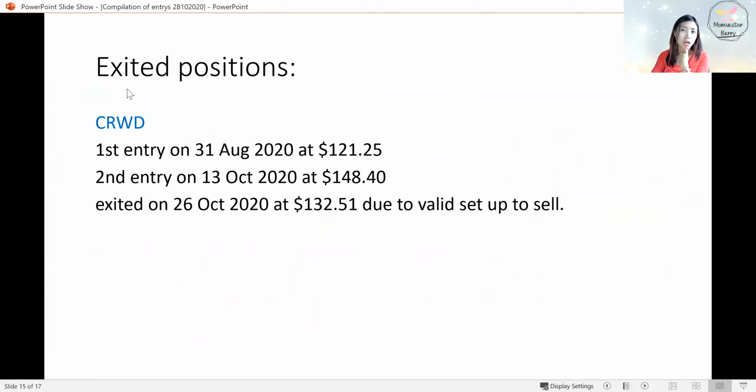Okay, so today I want to share with you one position that I've exited, because previously I did share my CrowdStrike position, CRWD.